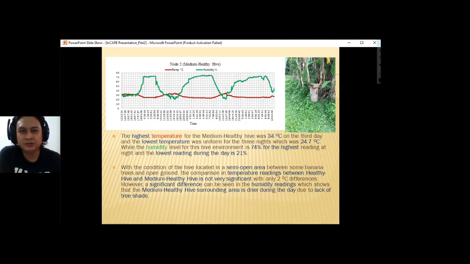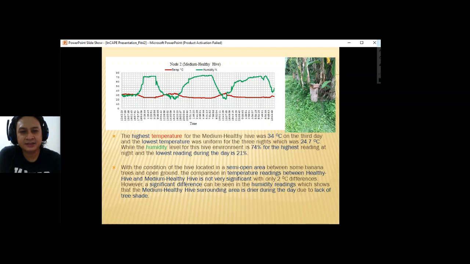Okay, note number 2 refers to the medium healthy hive. The highest temperature is 34 degrees and the lowest 24.7 degrees. For humidity, the highest is 74% and the lowest 21%.